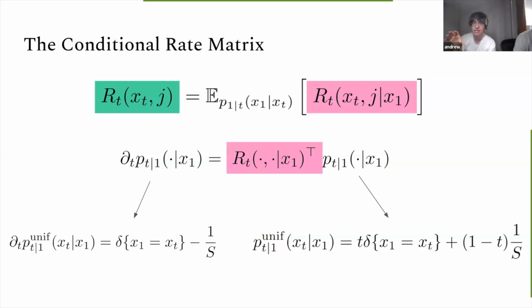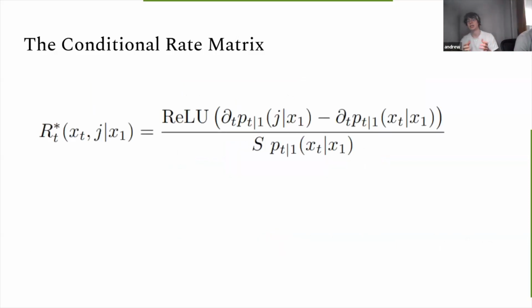So it turns out that this is under-constrained. There are many matrices that will satisfy the Kolmogorov equation for some given marginal distributions, but we can just write down by inspection one solution to the Kolmogorov equation that is an analytic form based on time derivatives of the marginal distribution. That's something we can write down just by looking at it and verifying.